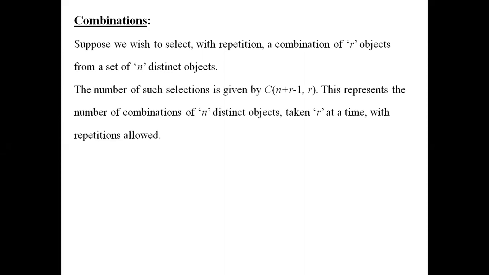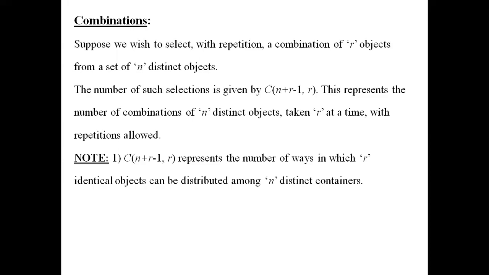Then the number of such selections is given by C of n plus R minus 1 comma R, that is, n plus R minus 1 C R. This represents the number of combinations of n distinct objects taken R at a time with repetitions allowed. So we'll be doing the selection repeatedly. That is what we're going to represent in combinations with repetitions.